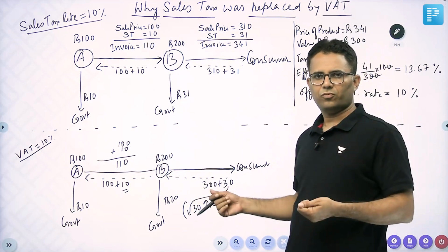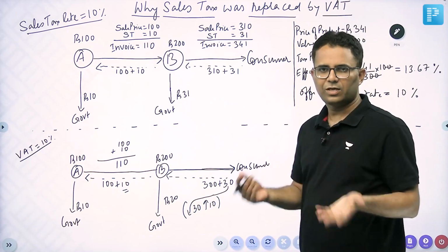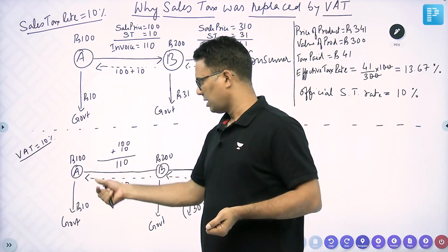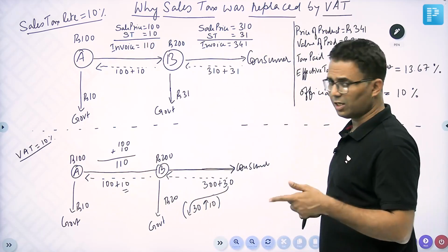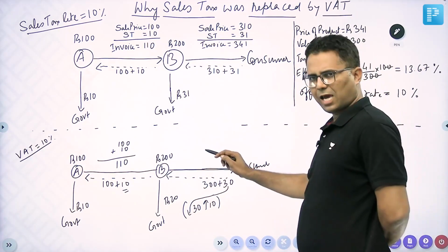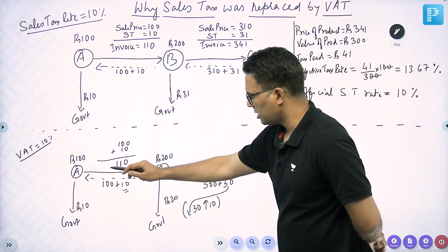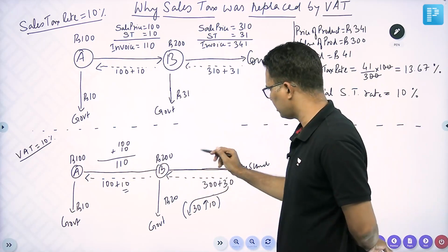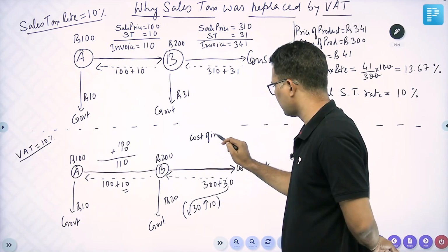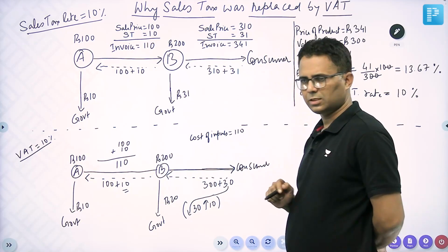In this way, this VAT mechanism works. So, effectively what is happening? B is paying 20 effectively, A is paying 10, everyone is paying VAT on their value addition. So, how the billing happens for this? For B, the cost of inputs, B will write cost of inputs 110 that he wants.